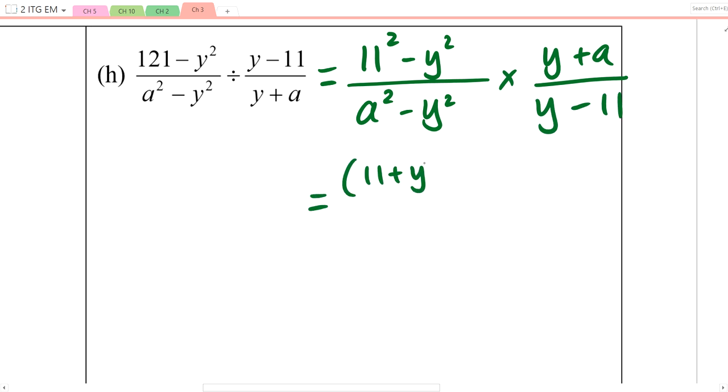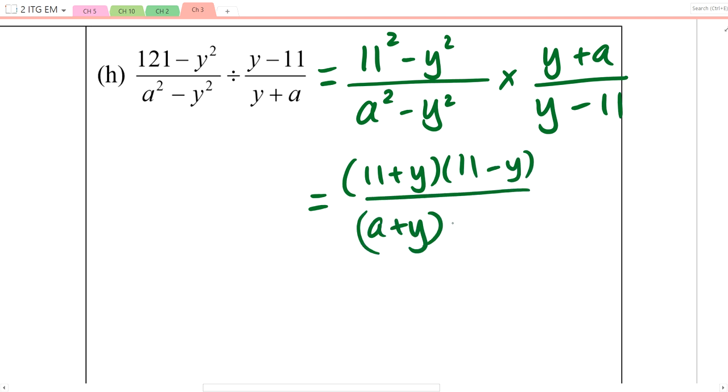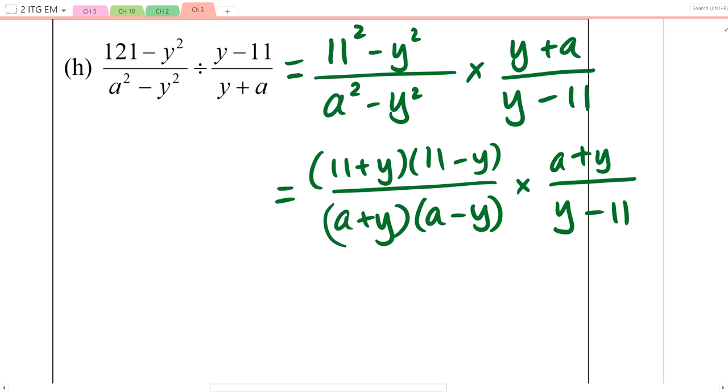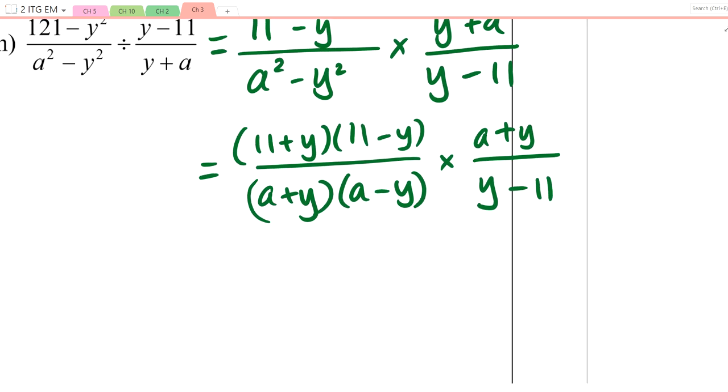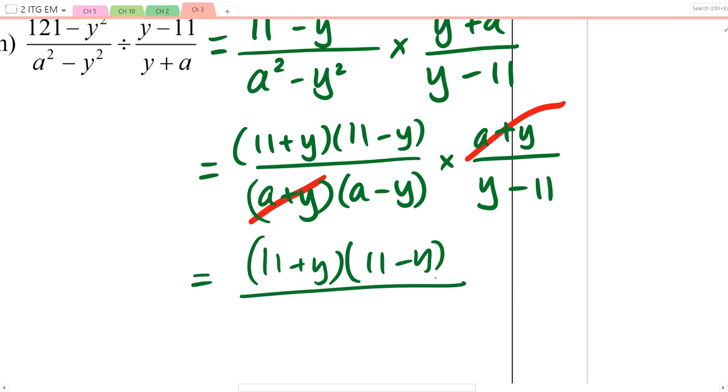So 11 plus y, 11 minus y, a plus y, a minus y, a plus y, y minus 11. Time to cancel. A plus y, a plus y. Done? Anything else I can do? So the answer is 11 plus y, 11 minus y divided by a minus y, y minus 11.